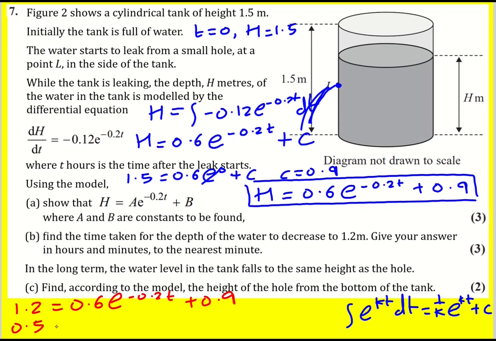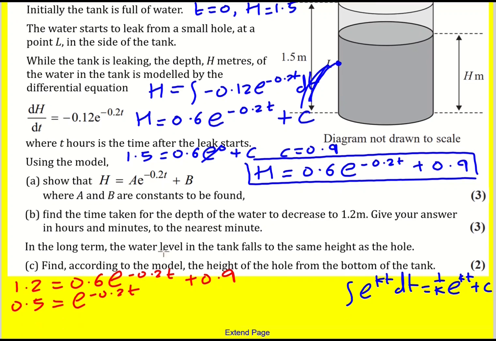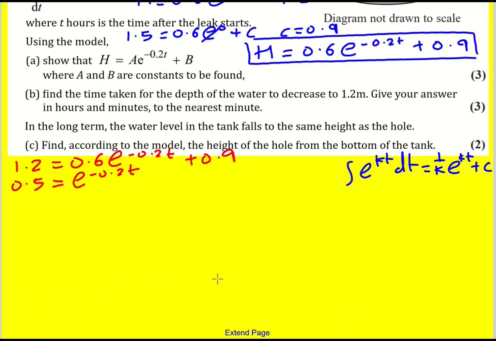That's going to give me 0.5 equals e to the minus 0.2t. And we're ready to take logarithms, or I can just basically undo the exponential. I'm going to get minus 0.2t is equal to ln of 0.5. That's our log to base e, which means t is going to be ln 0.5 divided by minus 0.2. But again, I can write it as minus 5 ln 0.5.